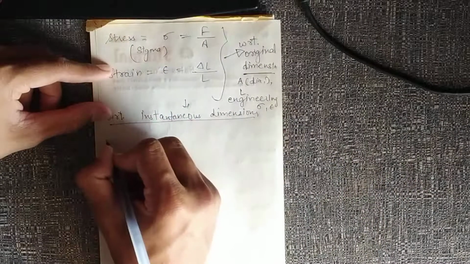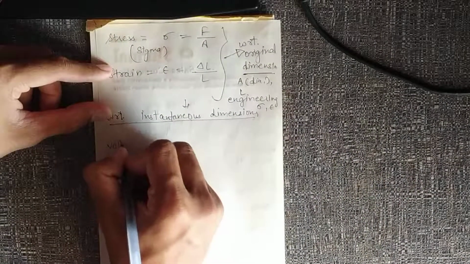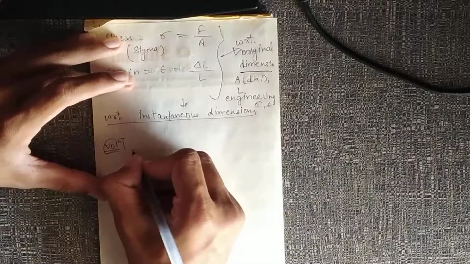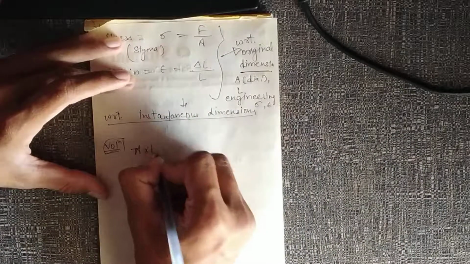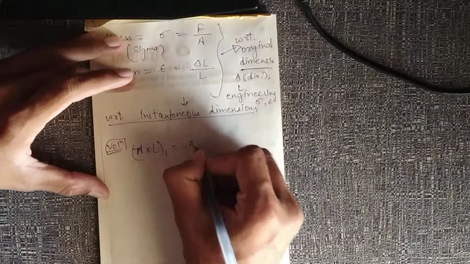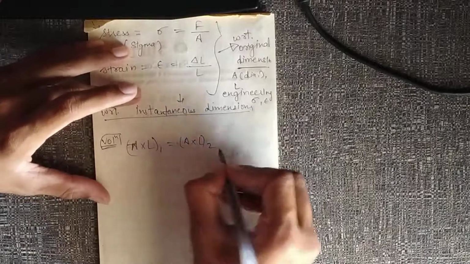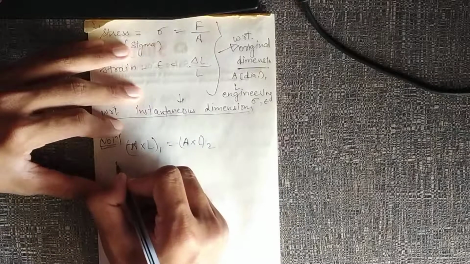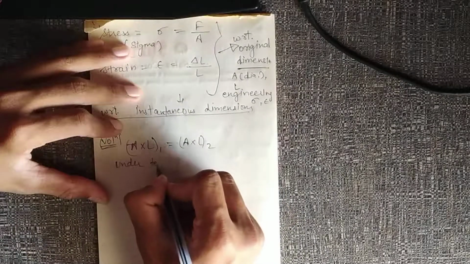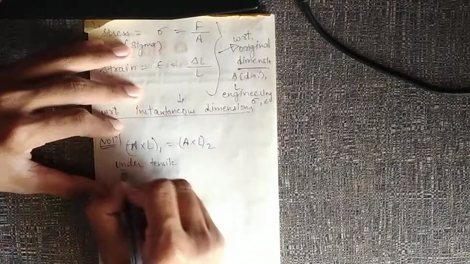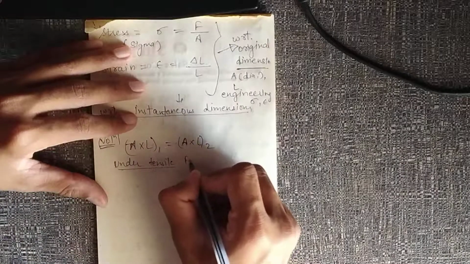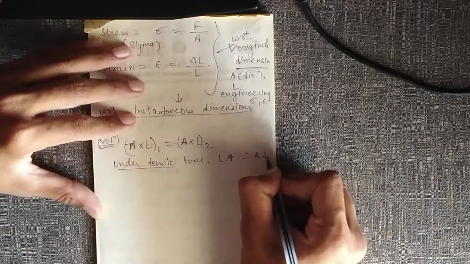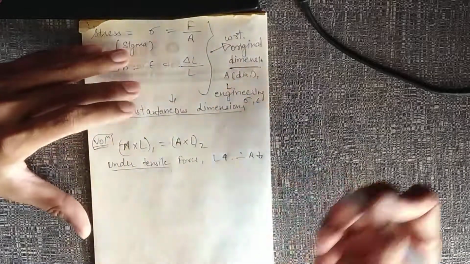That is because the volume remains constant, as we are not adding or removing any volume. So area times length at the first position and area times length at the second position must be equal. Under tensile force the length will increase, therefore the area must decrease to keep the volume constant.